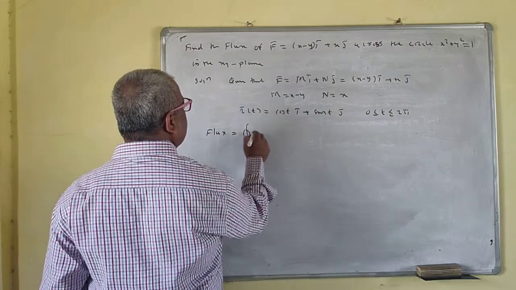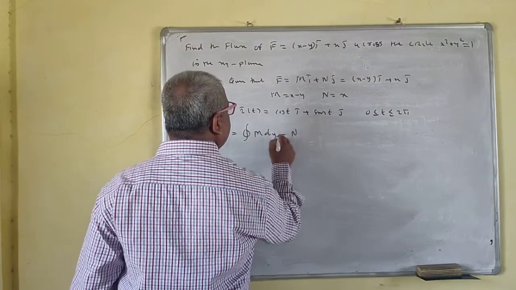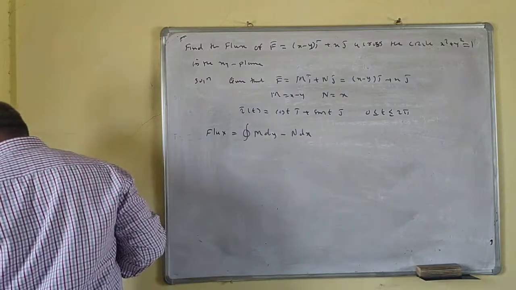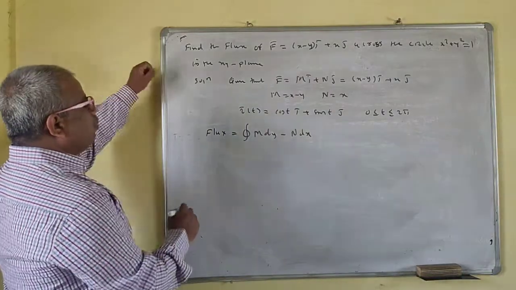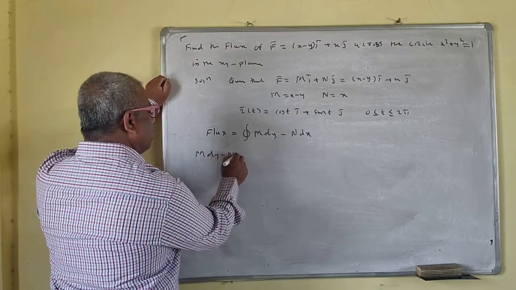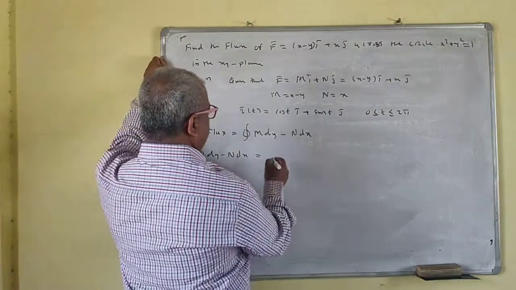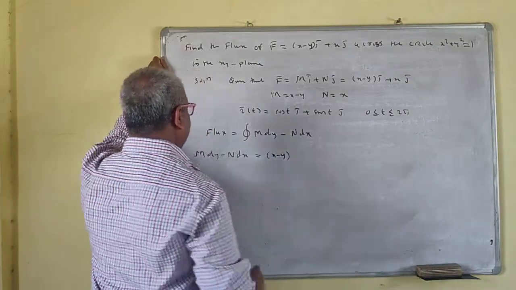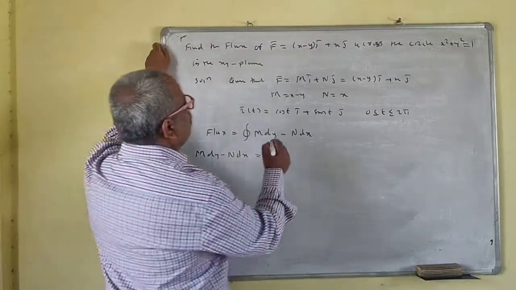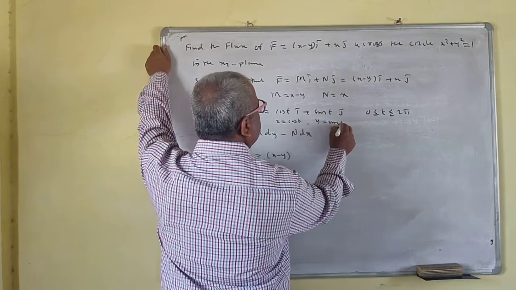So your flux is the integral over c of m dy minus n dx. Now we'll find m dy minus n dx. What is m? m is x minus y. Your x is cos t and y is sin t.